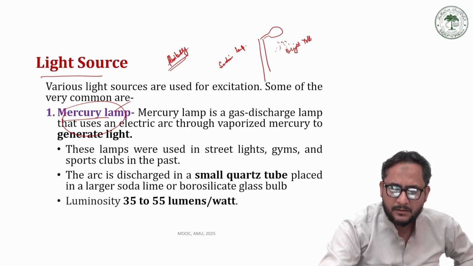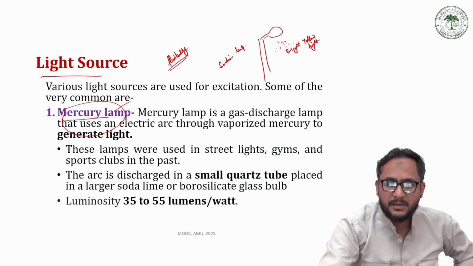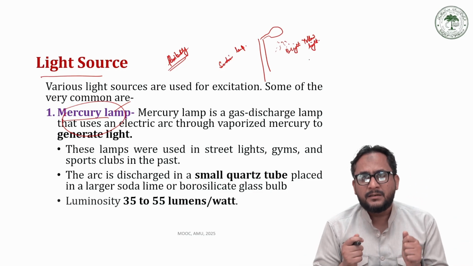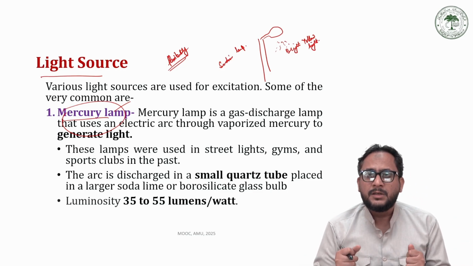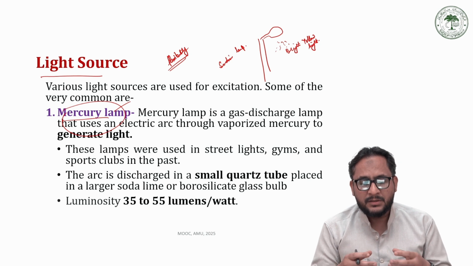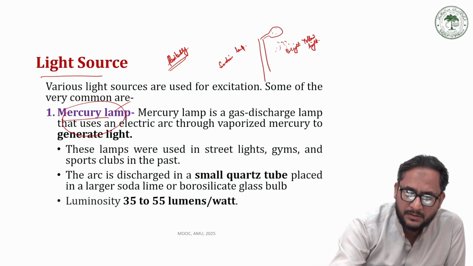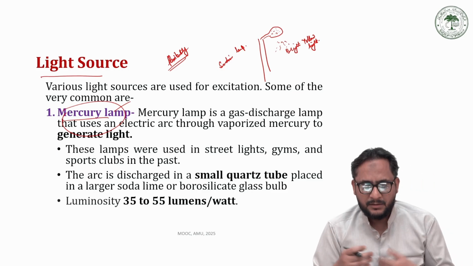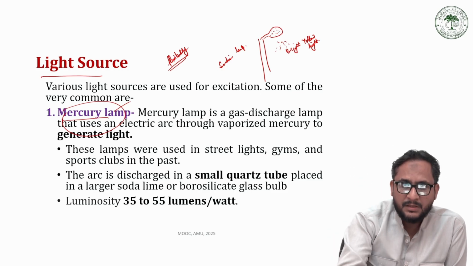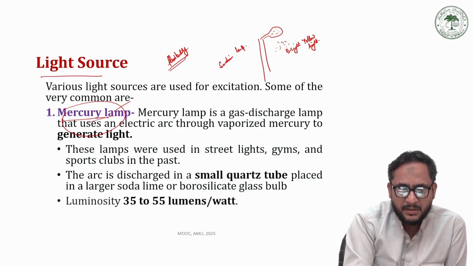These are sodium lamps. They create light by electric discharge between two electrodes, which creates high temperature, and the sodium atoms present here are vaporized and ionized, emitting light radiation of yellow color. The same concept is used for the mercury lamp.